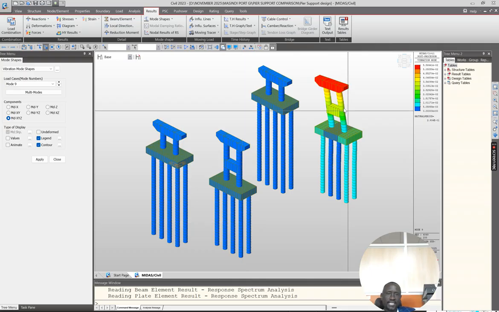So that means in design, this element could be the one experiencing the worst case, and if you design for it well, it shouldn't fail. But when we check the moment, we realize that this one gets more affected. You need more shear reinforcement at the pile cap than at any of these.